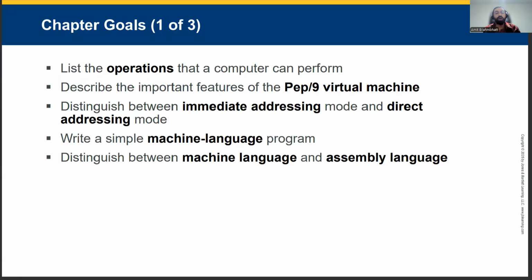We'll also cover how to write a simple machine language program and understand the difference between machine language and assembly language. Mastering these concepts is essential because they show you how exactly instructions are formatted, stored, and executed inside the computer. By the end of this section, you'll have a solid grasp of how low-level instruction translates into real machine behavior.